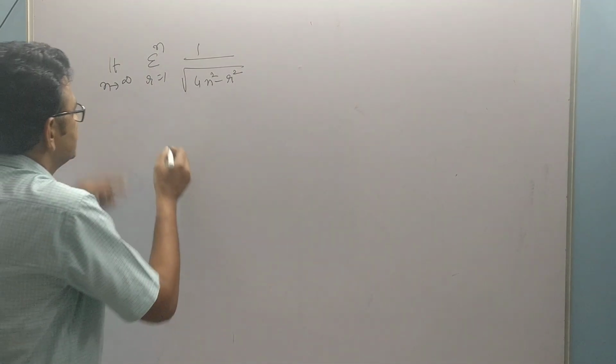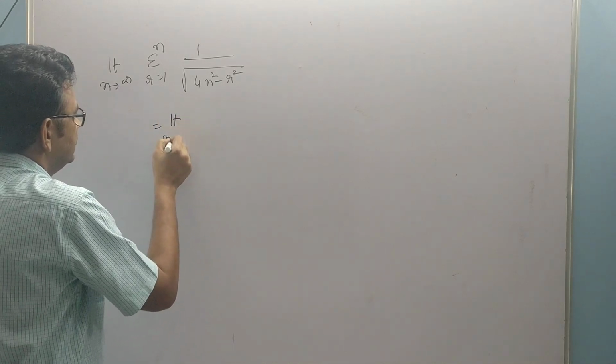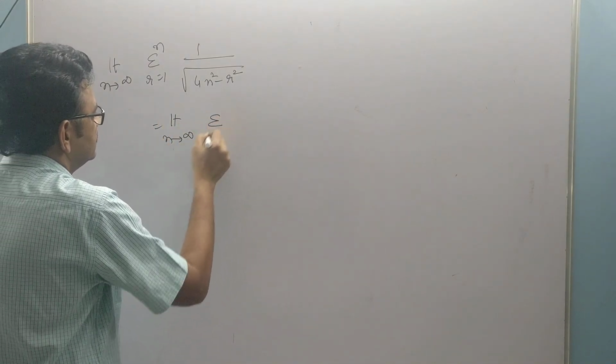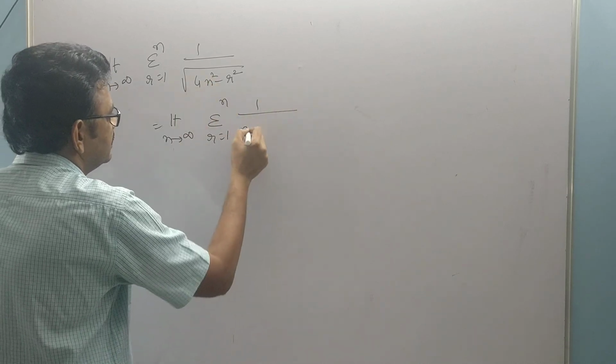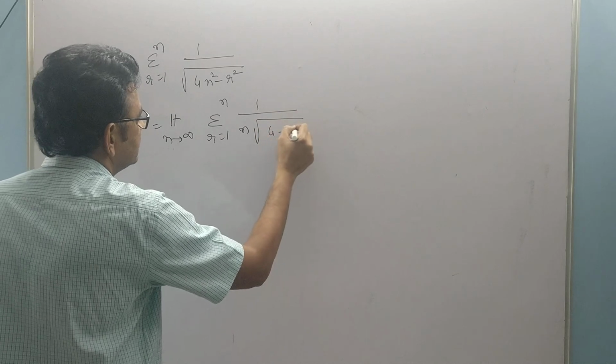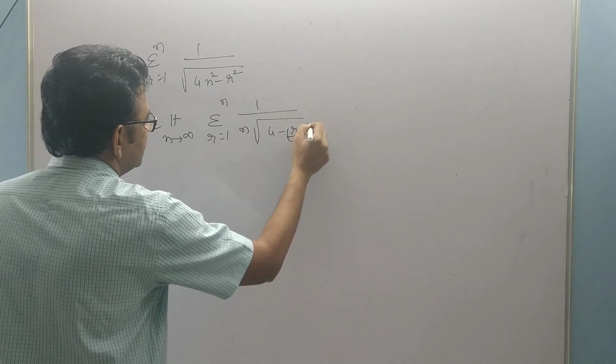So this is limit of n tends to infinity, sigma r equal to 1 to n, 1 by, n square common, that is n, root of 4 minus r by n whole square.